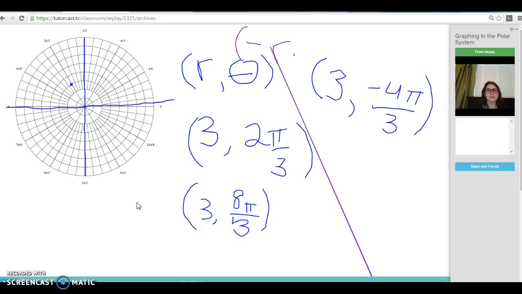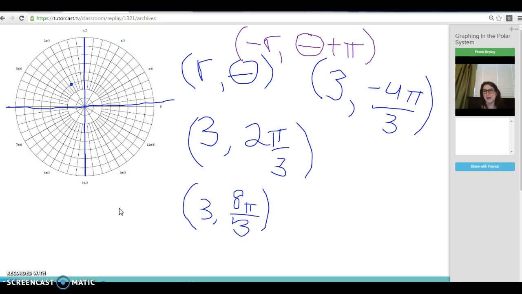A negative radius, and instead of adding or subtracting 2 pi, you just add pi. Having a negative radius would basically take you to the other side of the unit circle, like over here. But by adding pi, it brings you back around to where you need to be.